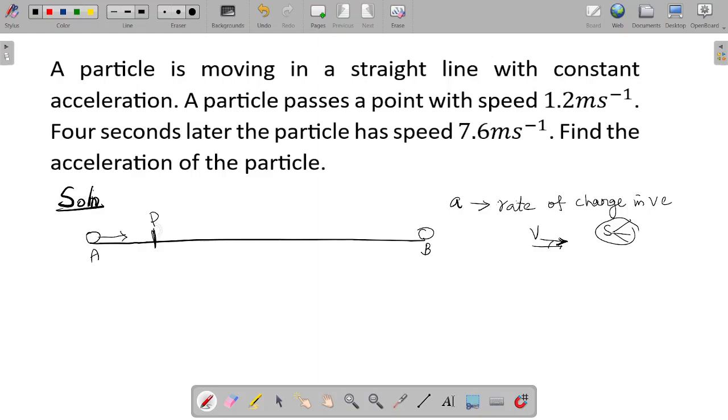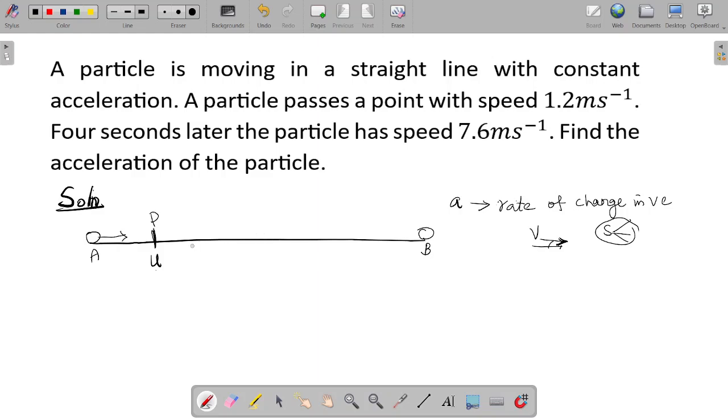The velocity at this point is the initial velocity, because the particle is already moving.